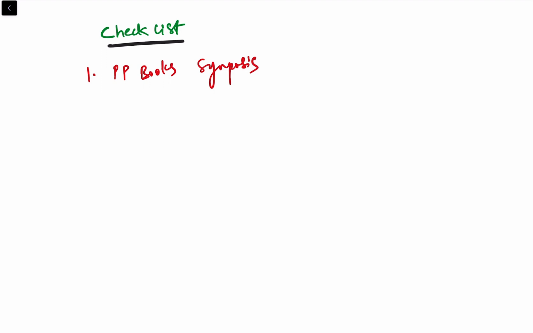As of now, if you don't have access to the PP books, I strongly recommend you to go with the Dental Pulse synopsis. Meanwhile, because for a few people the books will take a delivery time of at least 7 days after you're part of MDS CONQUER, you can start with the Dental Pulse synopsis, not an issue.